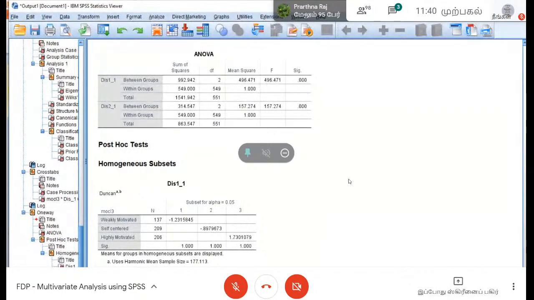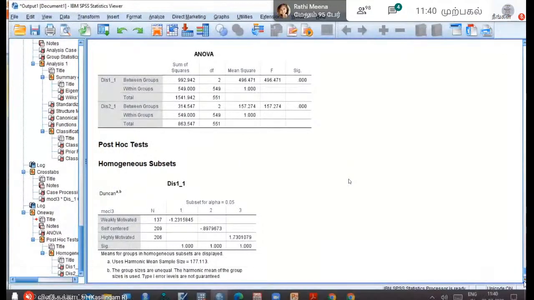So what are the basic tables? Eigenvalue, Wilks lambda, the standardized coefficients, structure matrix and centroid. Apart from that, what we require is the unstandardized coefficients, which we have used in statistics.